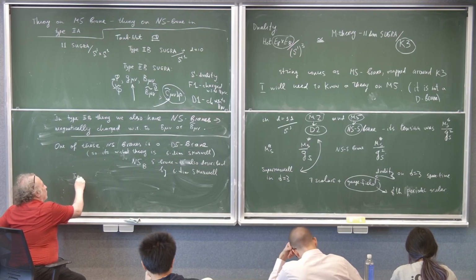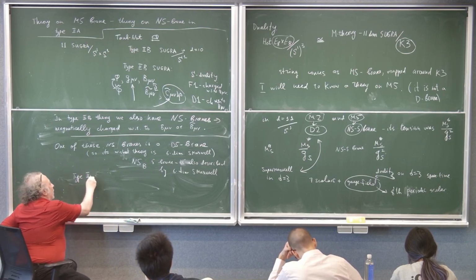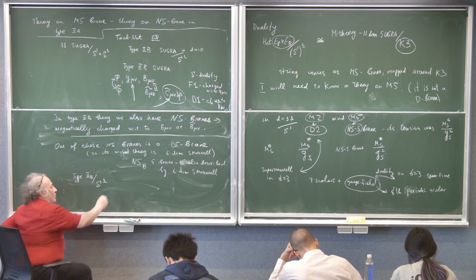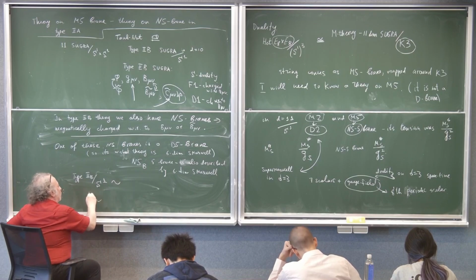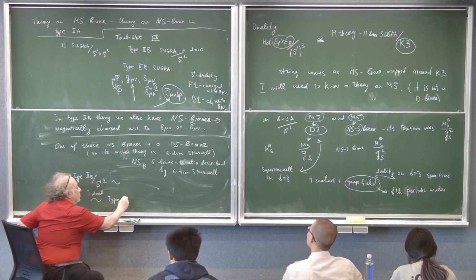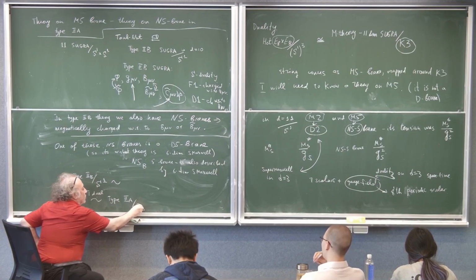We will use the following duality. Type 2B on a circle is so-called T-dual to type 2A on the dual circle.